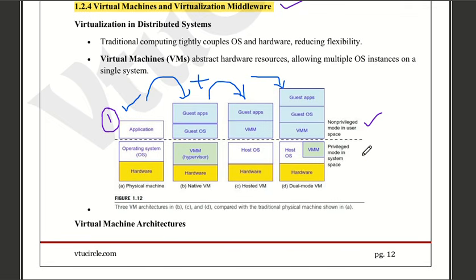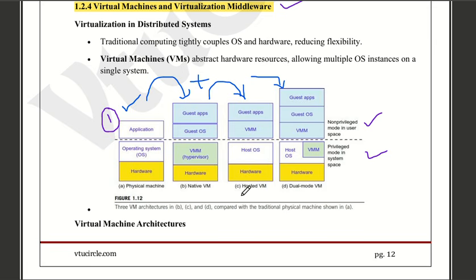In the privileged mode, the physical machine has only the operating system and hardware. When virtual machines came, the native virtual machine had the VMM, the virtual machine monitor or hypervisor, and hardware.